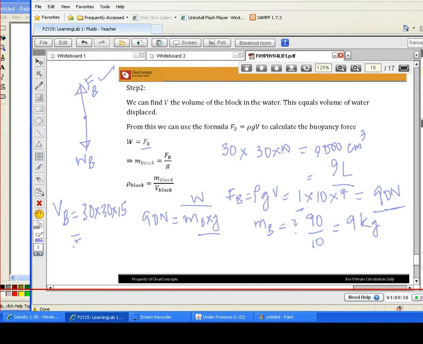In liters, please. Alicia, 13,500 liters. Think again, that's a lot of volume. Think about your units.